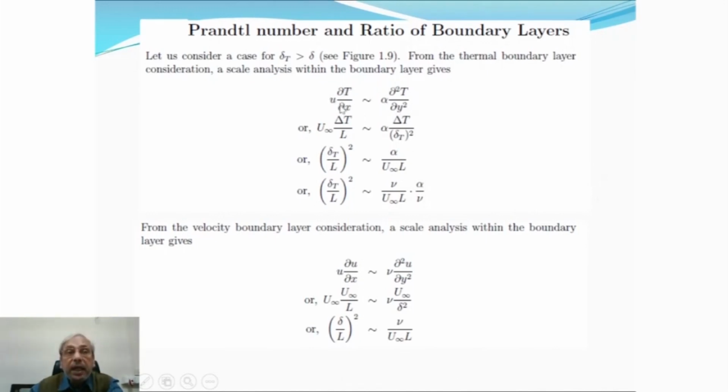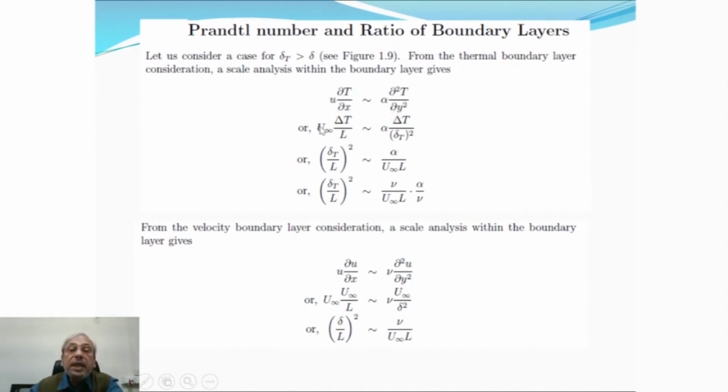U ∂T/∂x, the highest term of the convective part, and α, thermal diffusivity, ∂²T/∂y². If we again apply order of magnitude on this, these are comparable within the thermal boundary layer.